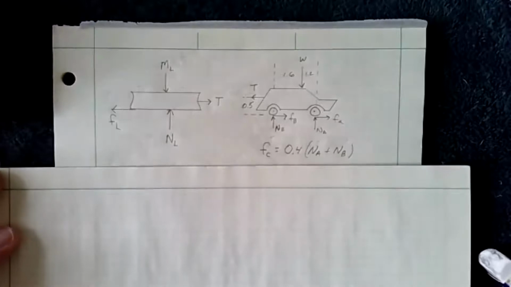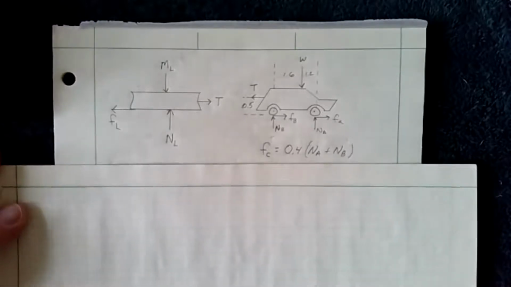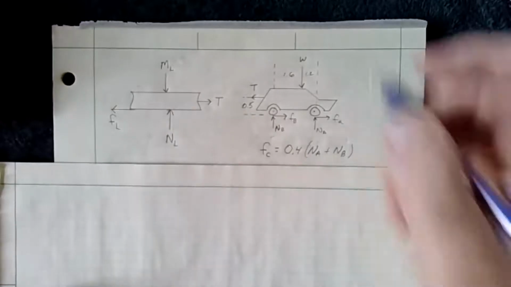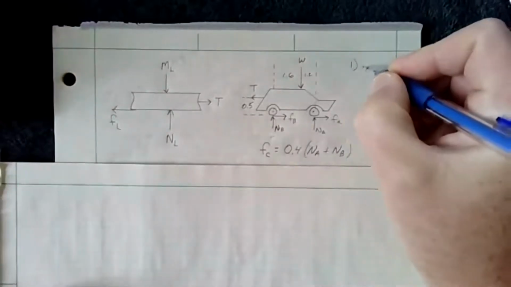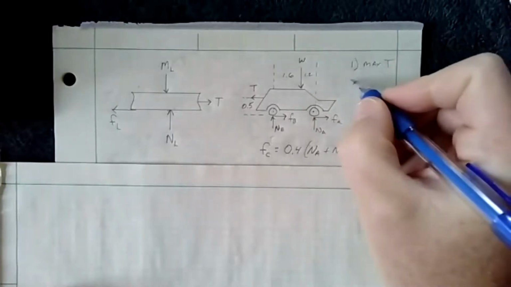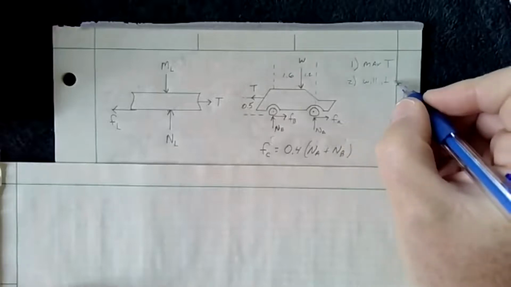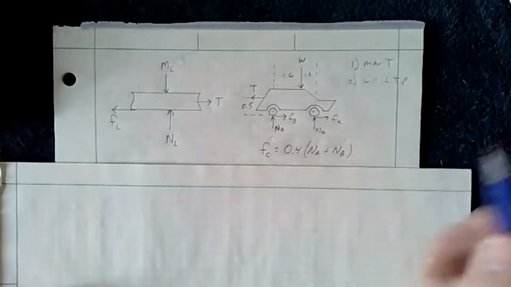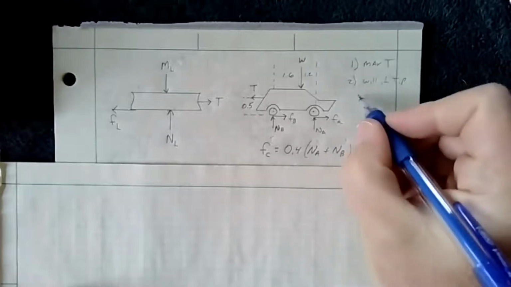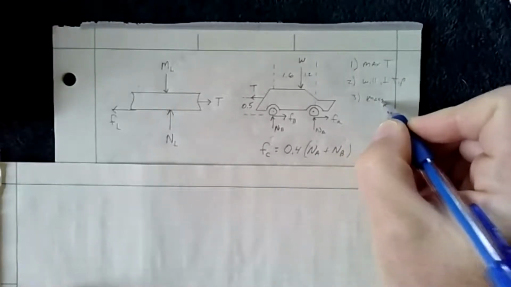So let's first figure out what our tension is. There are 3 steps to this problem. One is, what is the maximum tension that can be created? The second is, will it tip? And what I mean by tip is, will it wheelie? And then if it won't, then the mass of the log.